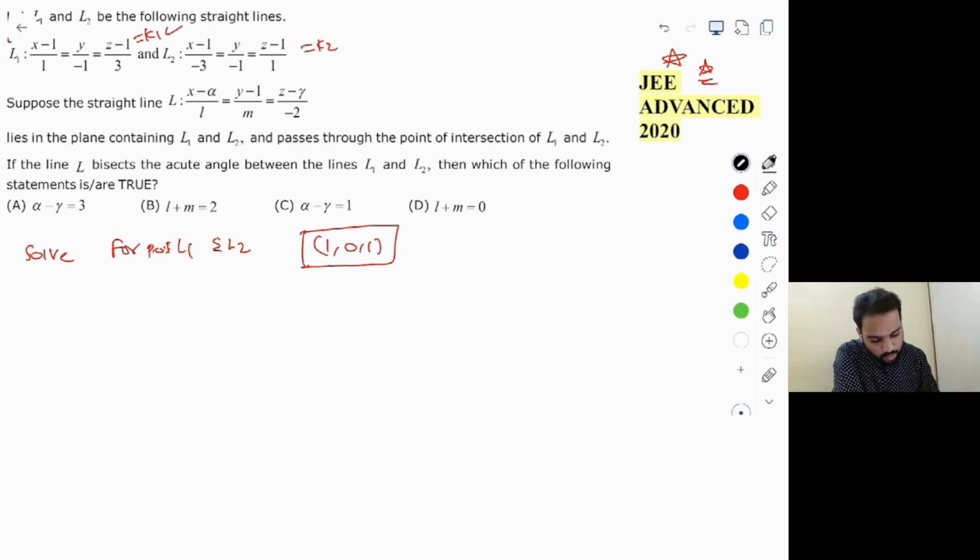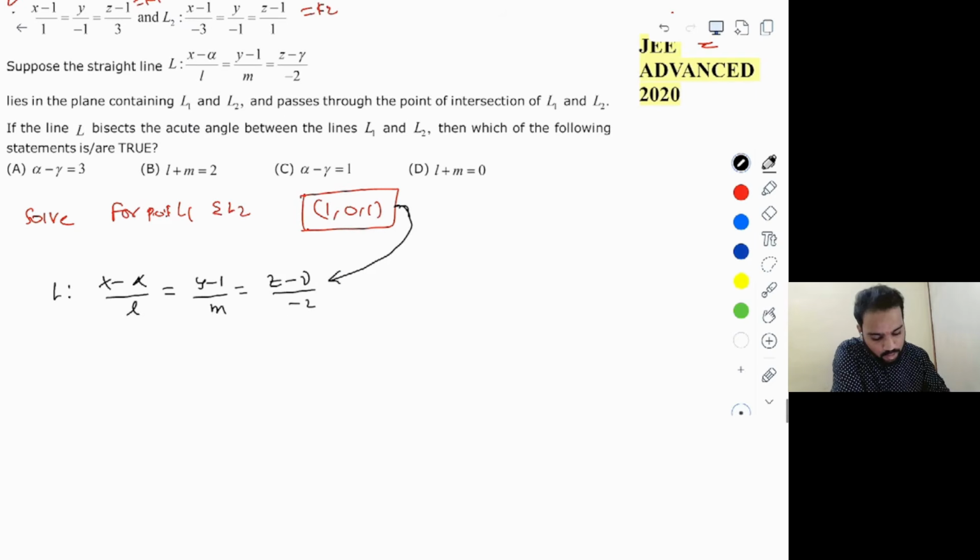But if you observe carefully, line L is already given to you. Line L is x minus alpha divided by L is equal to y minus 1 divided by M is equal to z minus gamma divided by minus 2. They are saying that this line L is passing through the point of intersection of L1 and L2, right? So what is the idea? This 1, 0, 1 is a point lying on this line.